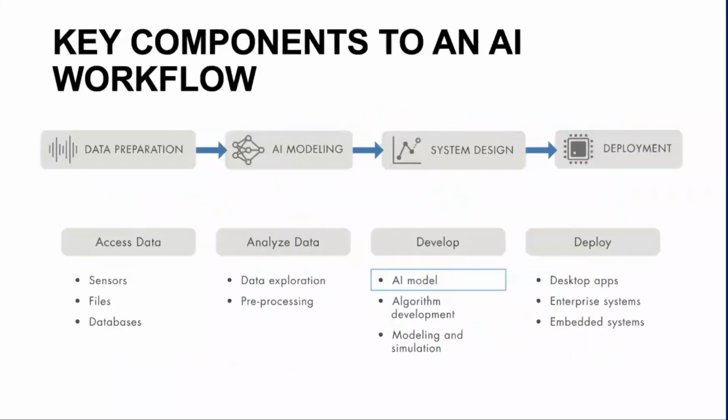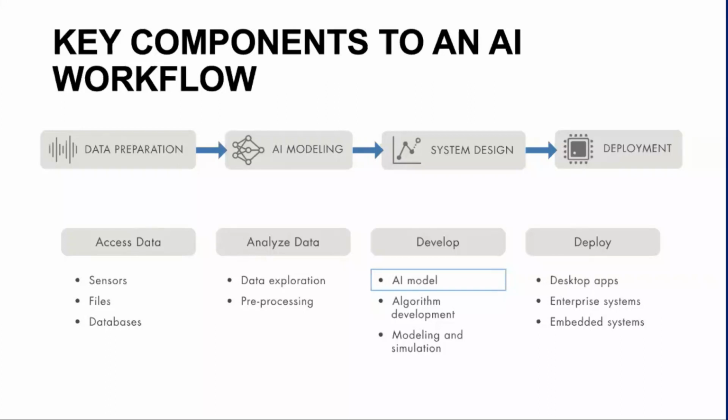Now, just to give you an idea, this is the general artificial intelligence workflow process. So we start with accessing the data. These data can come from sensors or even your historical files or databases or images and so on. And then after which you perform AI modeling.